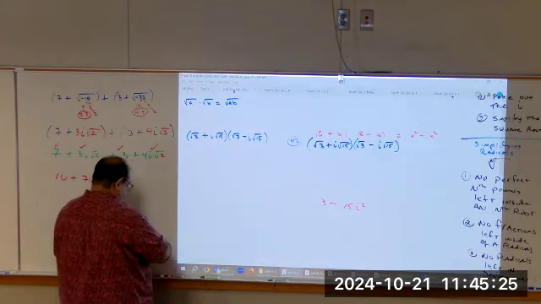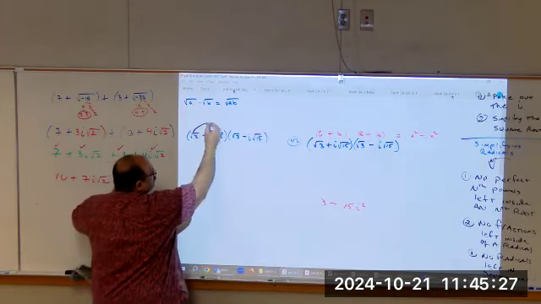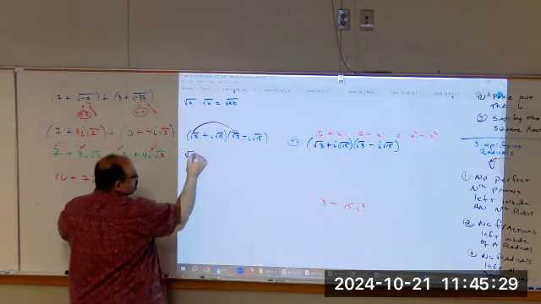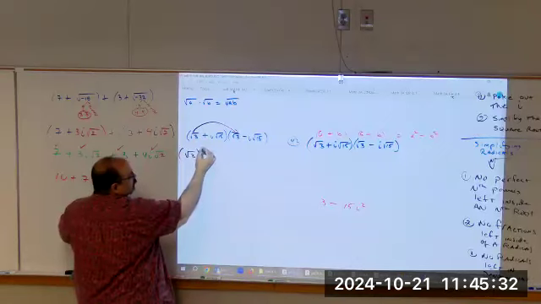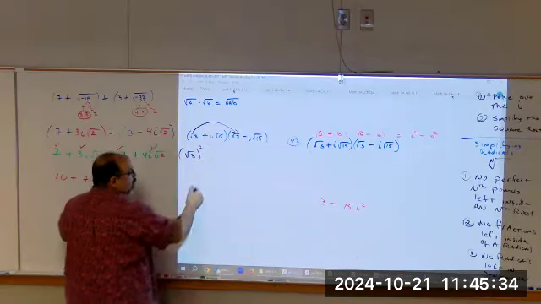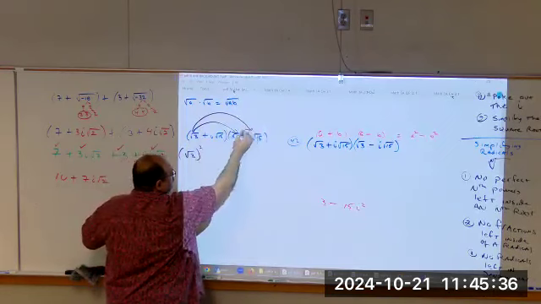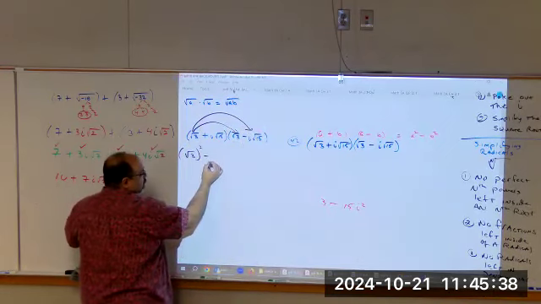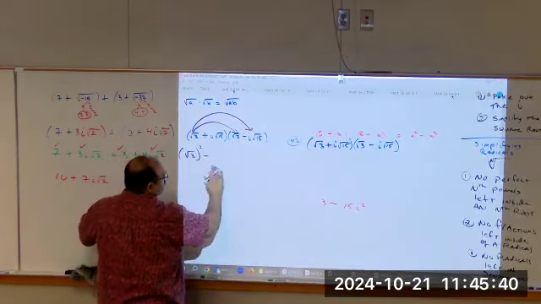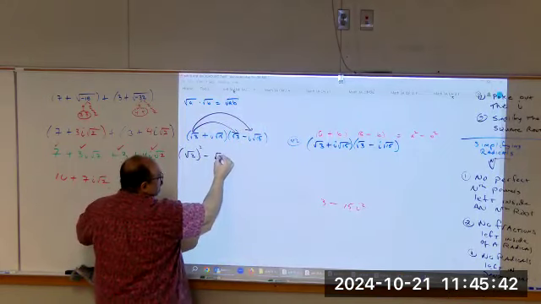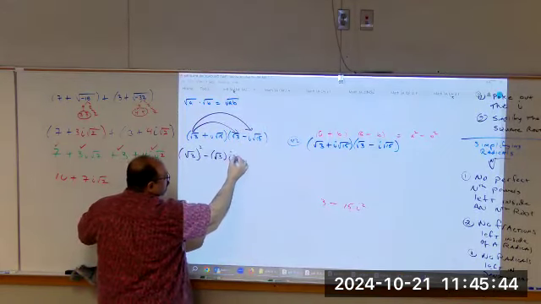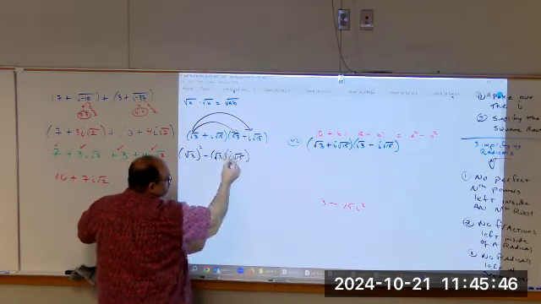So if we distribute, we get square root 3 times square root 3, so we're going to get square root 3 squared. Then we have a positive times a negative, so that's going to be a negative, and that's square root 3 times i square root of 15.